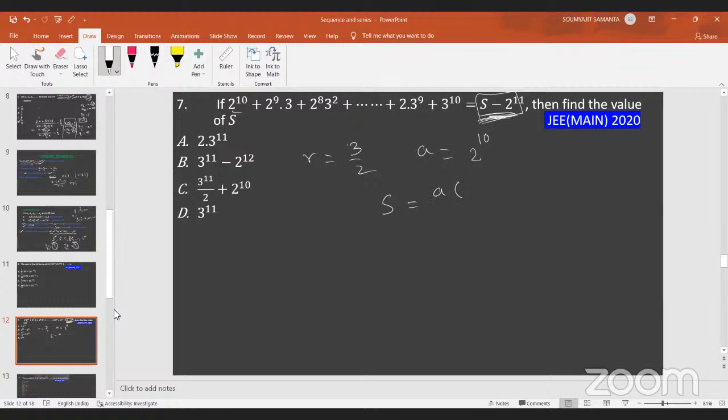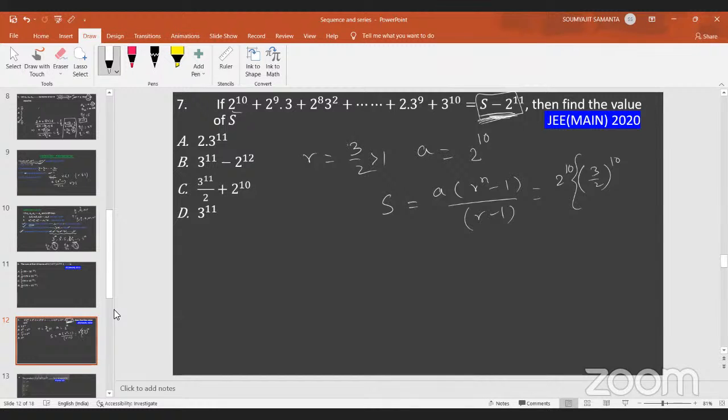We know 3 by 2 is always greater than 1, so we'll use the formula a times R power n minus 1 by R minus 1. What is A here? 2 power 10. What is R? R is 3 by 2, whole power n, which is 10. Yes or no? Yes, sir.